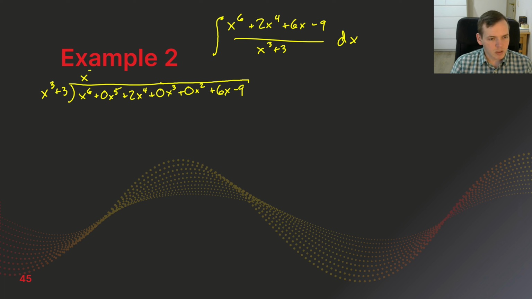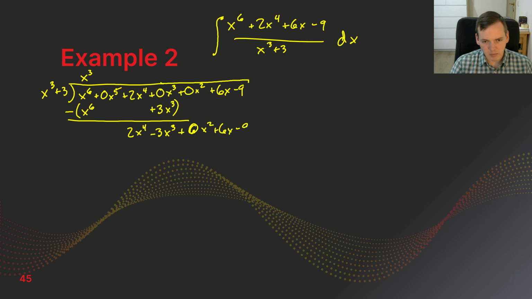So first we're going to do x cubed, so that would give me x to the 6th plus 3x cubed. When I subtract that, I get 0, 0, 2x to the 4th minus 3x cubed plus 0x squared plus 6x minus 9.